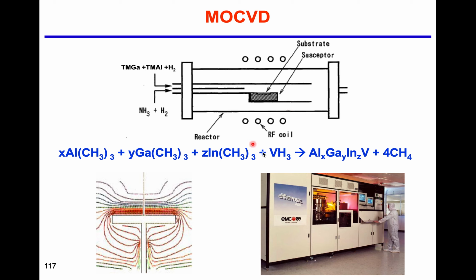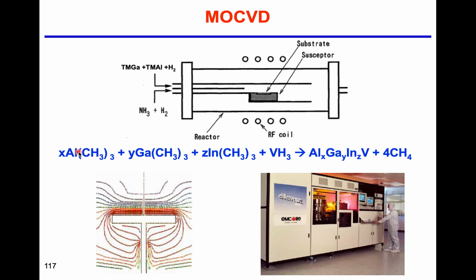That is the common practice used for the III-V epitaxial growth. And here, typically, the metal organic source is a metal, aluminium, gallium, indium, with some organic ligand. That is called trimethyl, because there are 3 methyl groups connected to the aluminium.